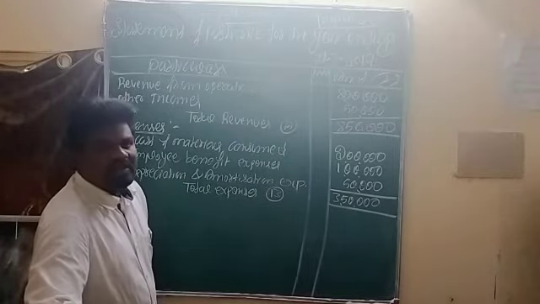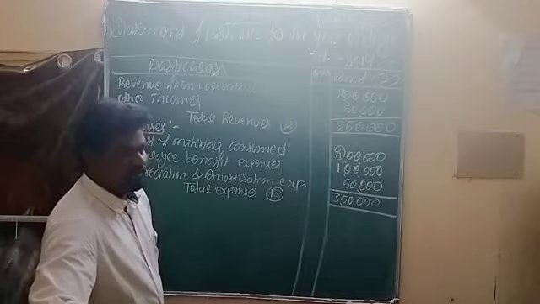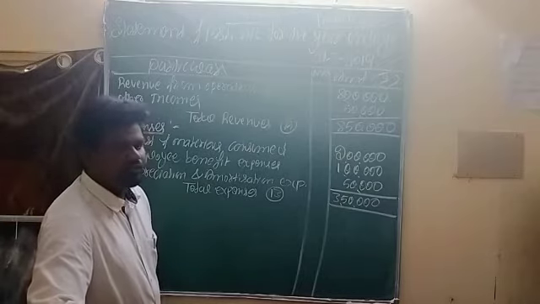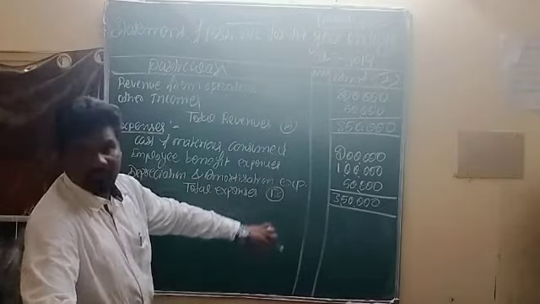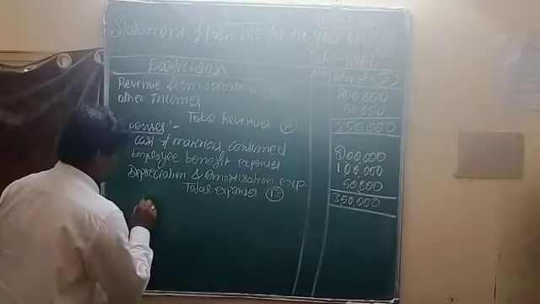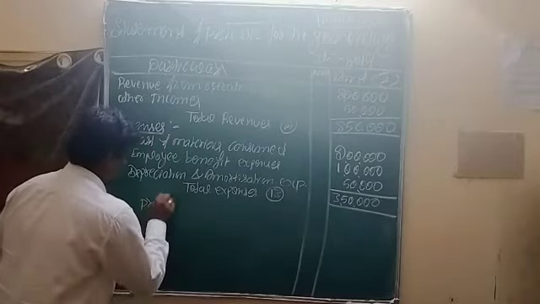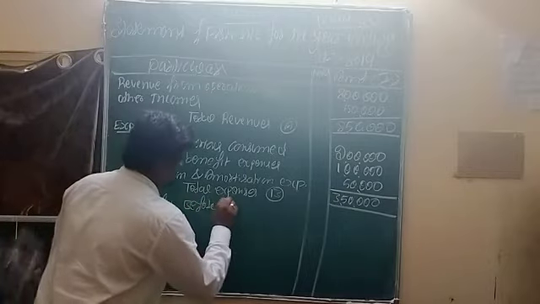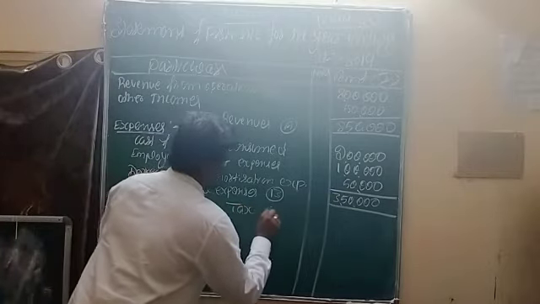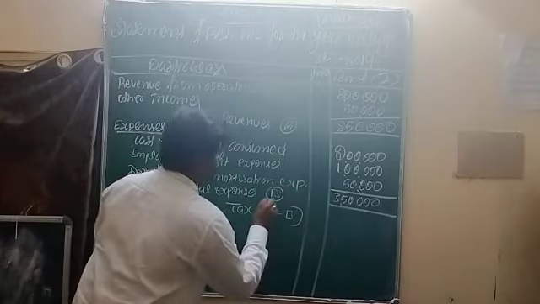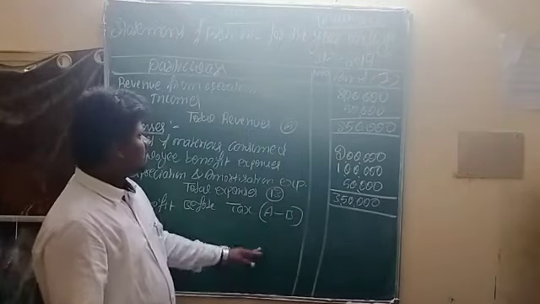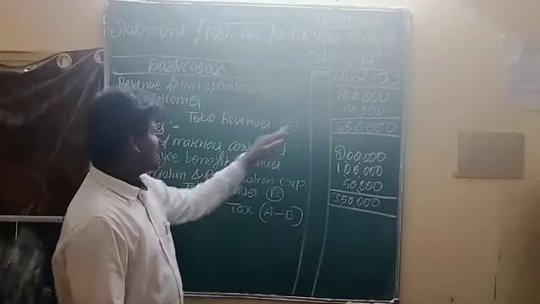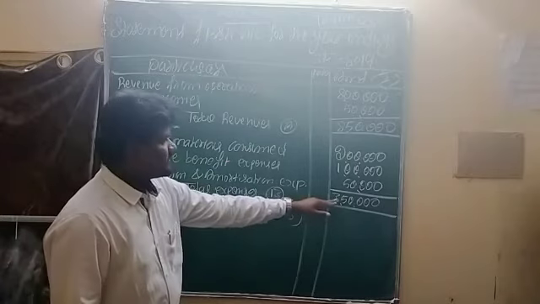So we have ascertained total expenses as well as total incomes in the business. Now we need to find profit before tax. By finding profit before tax, A minus B, right? A minus B means total revenues minus total expenses.